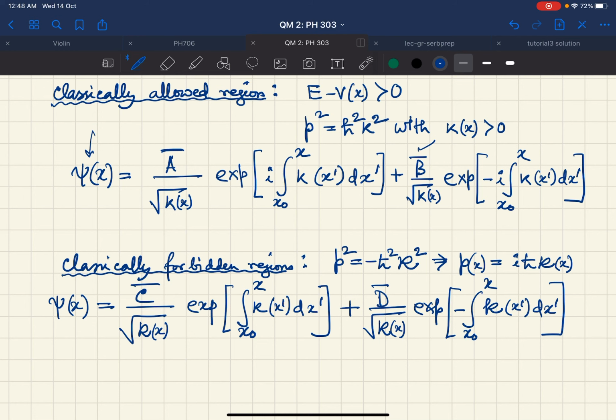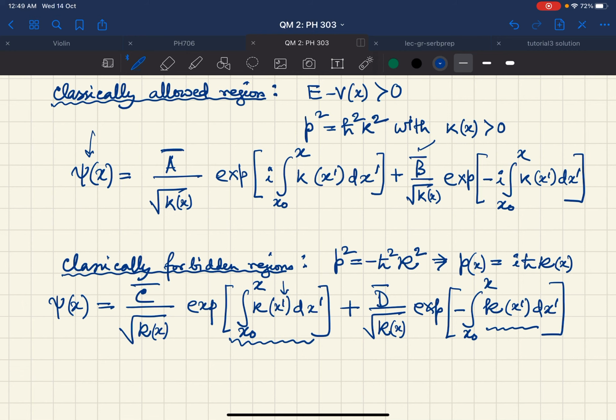Now the argument of the first exponential, which I have mentioned here, grows more positive as x grows. So the first term is basically an increasing function as x is increasing. Similarly, by the same argument, the second exponential becomes more negative as we grow x.